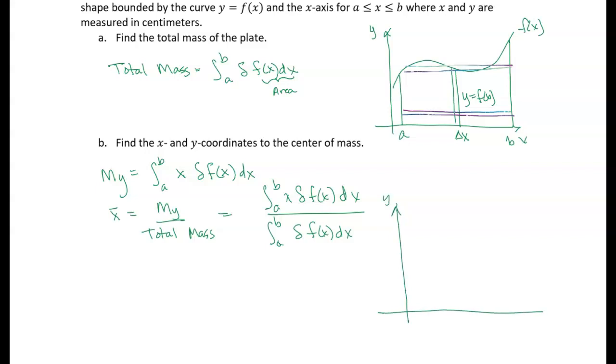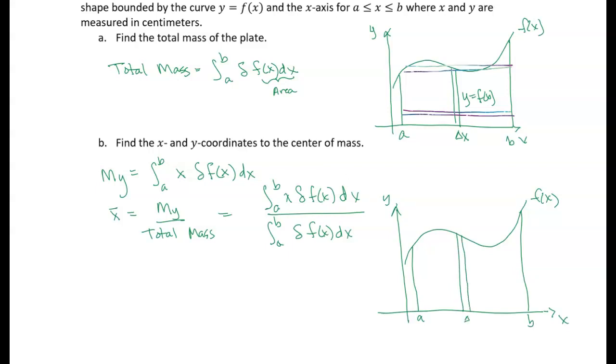Okay, so we have x and y, and then I have some function that has some little curve like that. That's f of x, and we're integrating it from a to b, and we're going to take slices in this vertical direction.